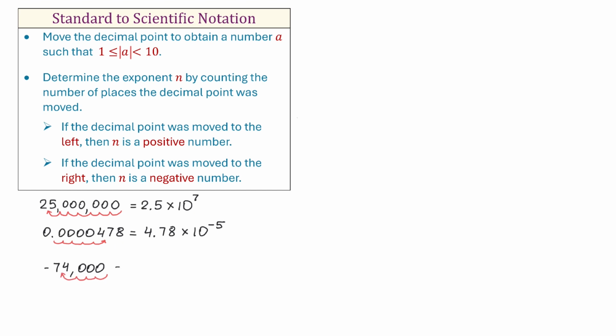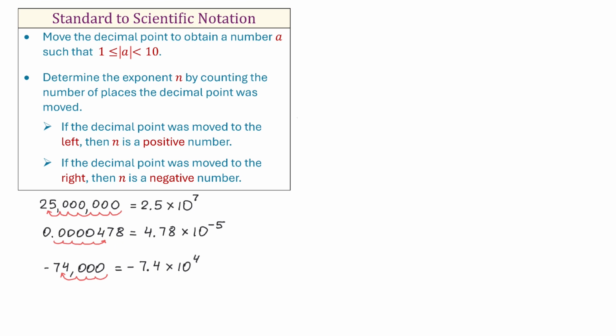So now the number obtained is negative 7.4, and indeed, the absolute value of this number, or the positive of this number, is greater or equal to 1 and less than 10. And now we will multiply this number by 10 to the 4th power, and the exponent is positive because we moved the decimal point to the left 4 places.